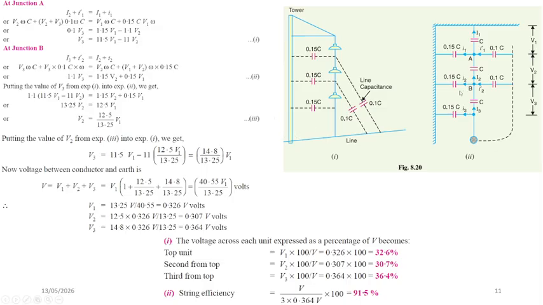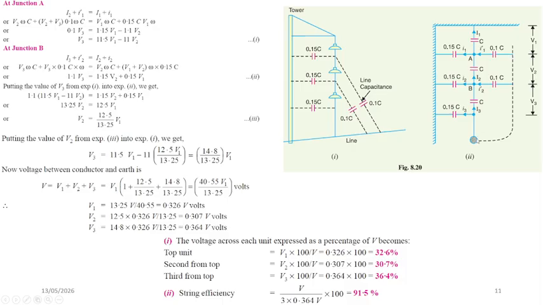So here again we have to write a KCL for these two junctions. So I2 plus I1 prime is equal to I1 plus I1. So this one is V2 CW plus I1 prime here.